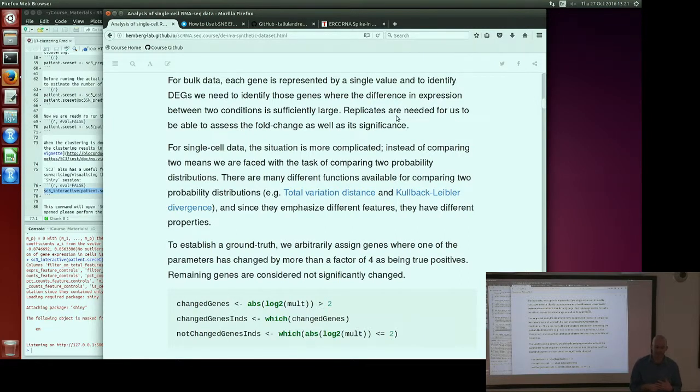And so what we've chosen here is just to require that the parameter has to change by a factor of at least 4, and then we're going to say that this constitutes something that we would expect our algorithm to be able to detect in terms of fold change when we're looking at the synthetically generated data.